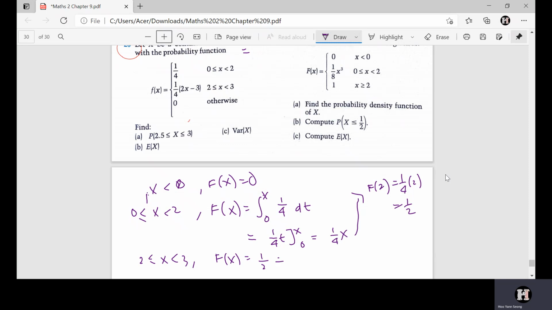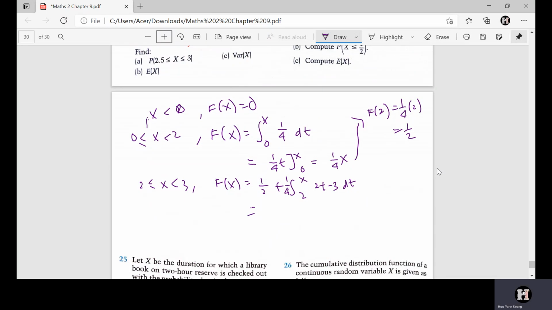So put 1 over 2 here, plus integrating from 2 to x. Take 1 over 4 outside, 2t dt. Then it equals 1 over 2 plus 1 over 4, 2t squared over 2 minus 3t, substitute x and 2. So 1 over 2 plus 1 over 4, x squared minus 3x.